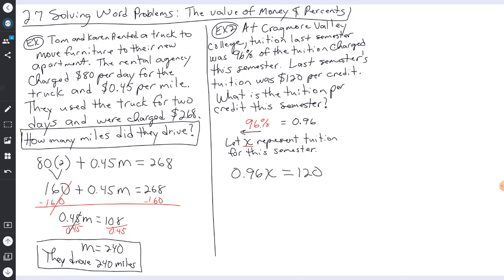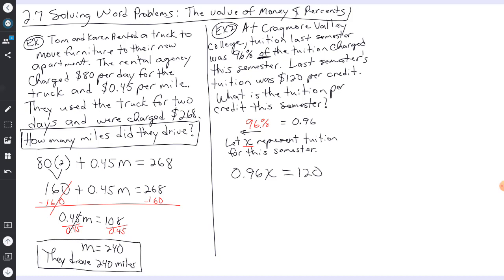So again, tuition last semester was 96% of the tuition charged for this semester. We don't know what the tuition is for this semester, but we do know that last semester it was 120. So we take 96% of, and remember also this word of, I wrote it in the notes.